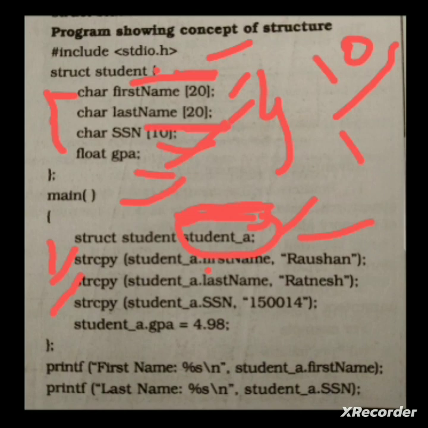The last name of the first student is Ratnesh. And string copy student_A dot serial number. The serial number of my first student is 150014. In the same way, I'm giving the value to the grade, that is 4.98, to the first student.